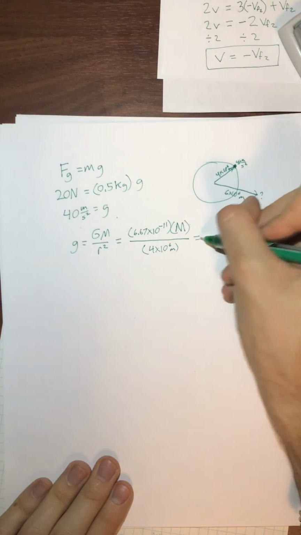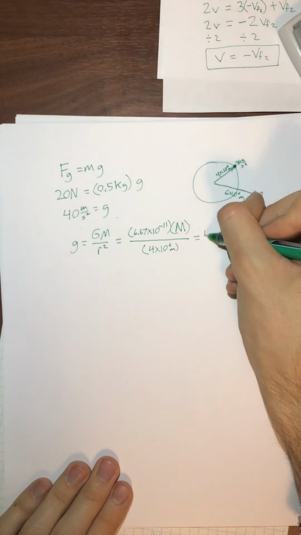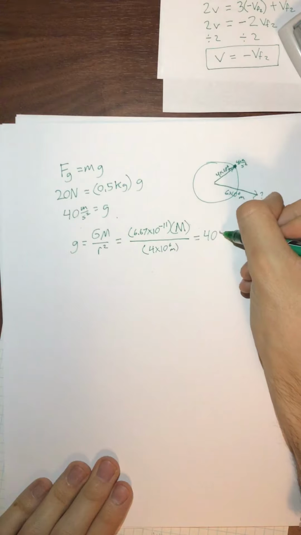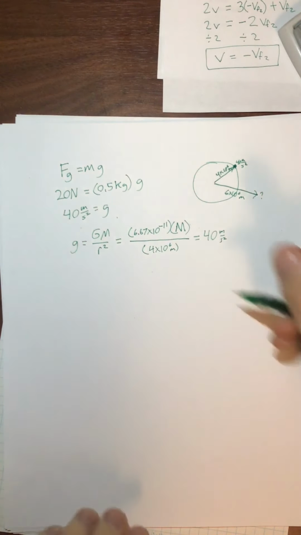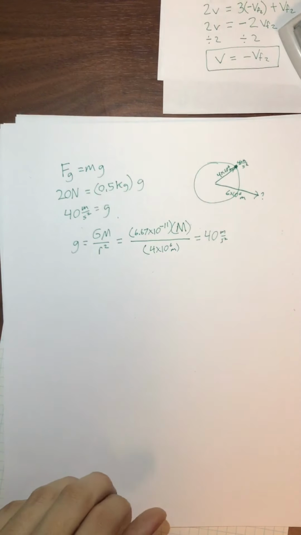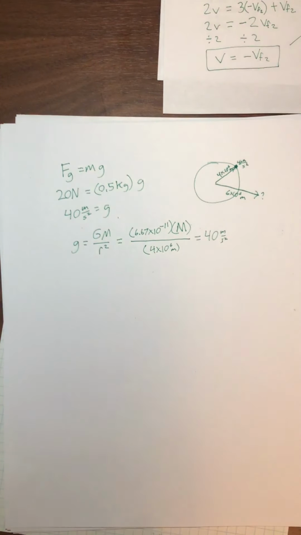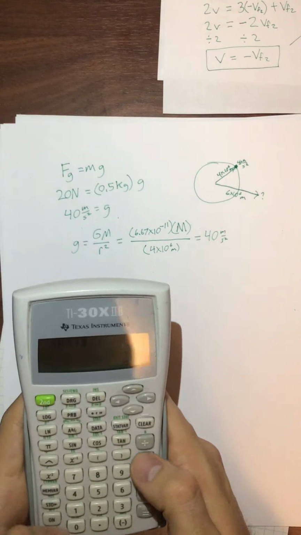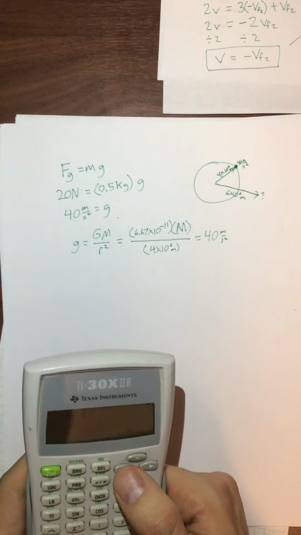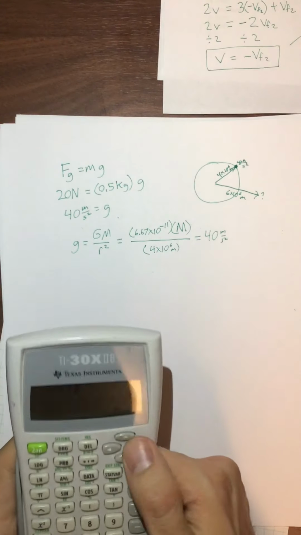Okay, and that should be equal to the 40 meters per second squared that we just calculated for g. So we can solve this for the mass. So I take 40, I'm going to multiply it by that 4 times 10 to the 6. So 40 times 4 times, no, hold on, 40, yeah, 40 times all of that.